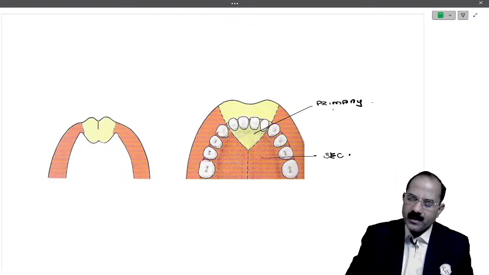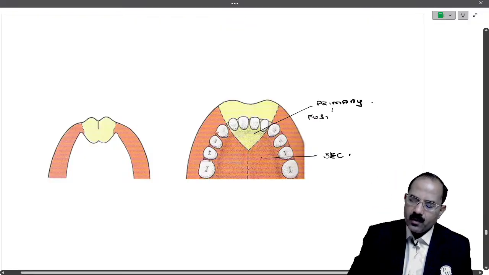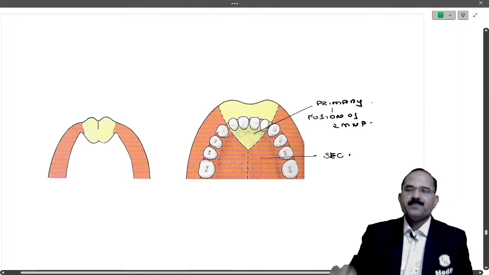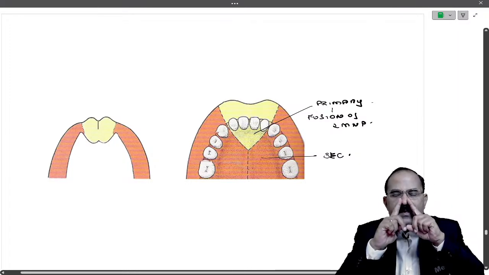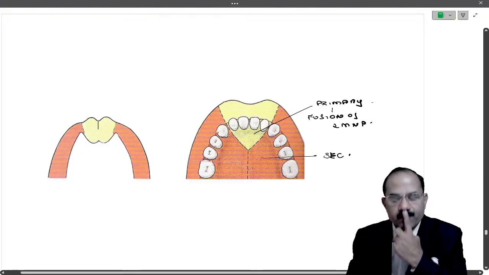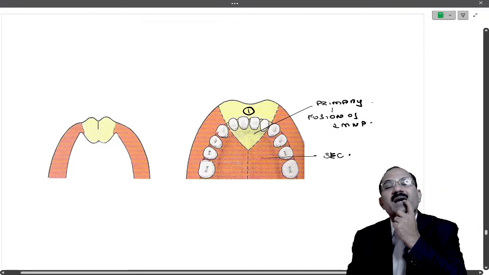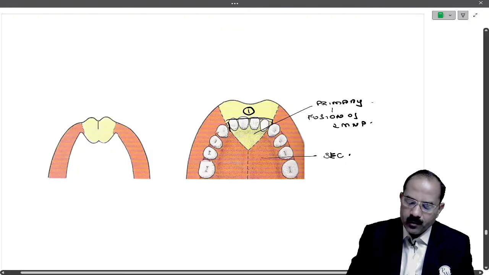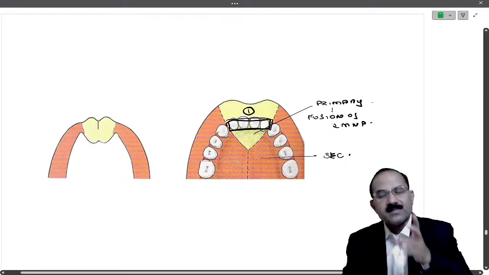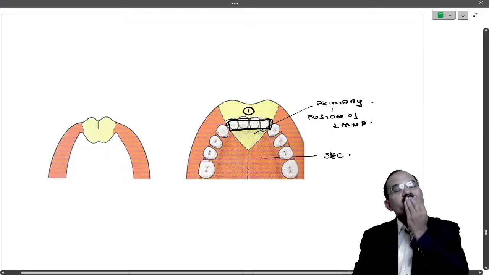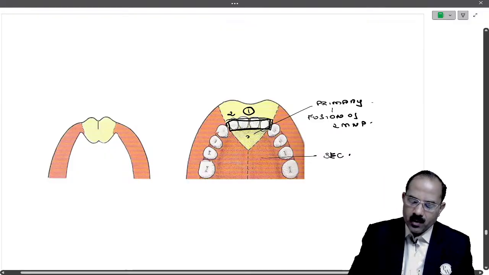So primary palate is derived from the fusion of two medial nasal processes. That means these two medial nasal processes fuse, and they form what? Number one is the philtrum of the upper lip. They form this upper jaw in which we have got the four incisors, and it forms a small part of the palate.